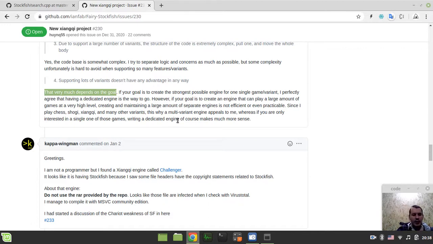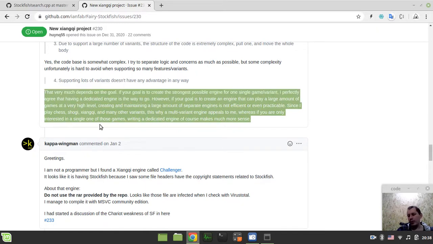Since I play chess, shogi, Xiangqi, and many other variants, this is why a multivariant engine appeals to me. Whereas if you're only interested in a single one of those games, writing a dedicated engine, of course, makes much more sense.